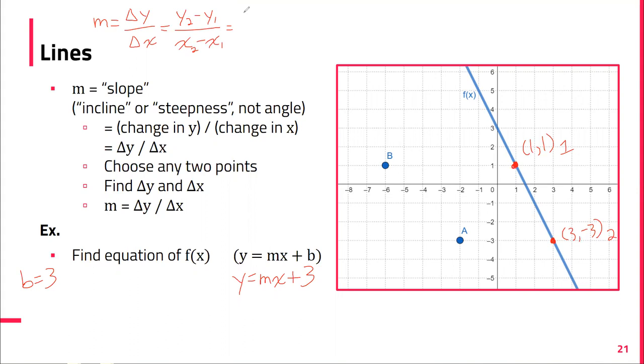So y2 is -3 minus our y1, so 1, divided by our x2, so 3 minus 1. So that just turns into -4 over 2, which we can simplify to -2. The -4 over 2, that's what we would have gotten if we did our steps from point 1 to point 2, -4 down 1, 2, 3, 4, and the +2 on the bottom of the fraction is 2 steps.